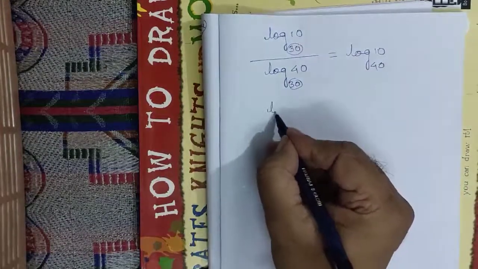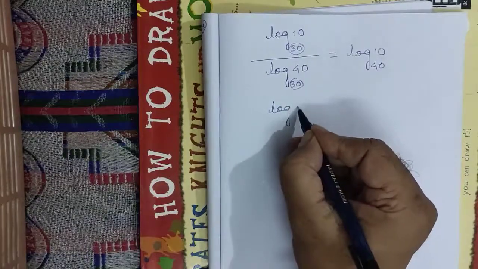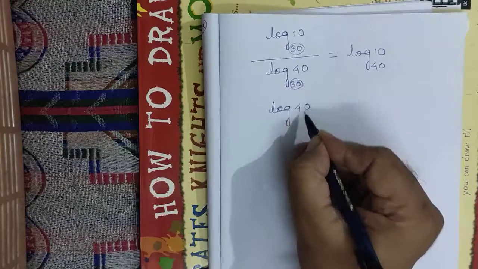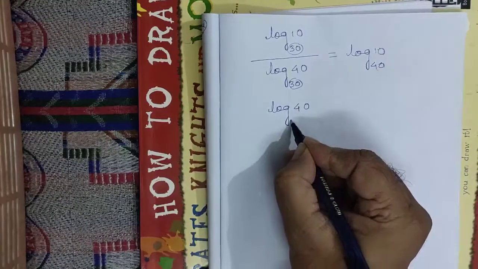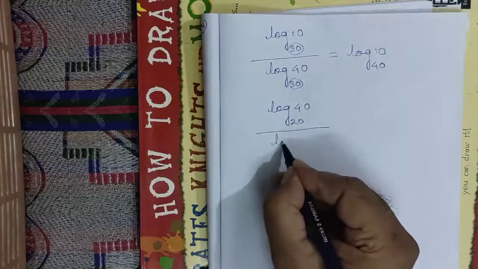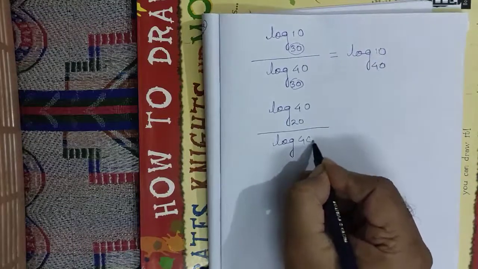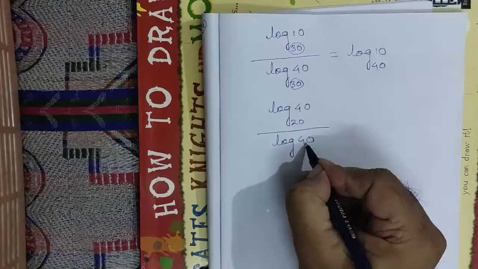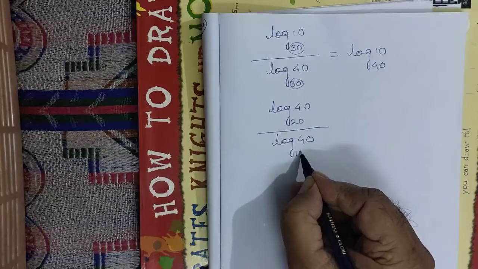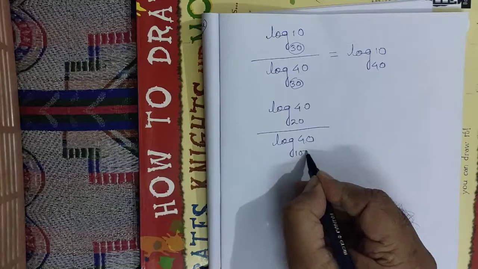Now I will be taking an example wherein the quantity of which you are taking the log is the same. Suppose I have taken log 40, base is 20, divided by log 40 again, the quantity of which you are taking the log is the same. So the base is different, it may be say 100.